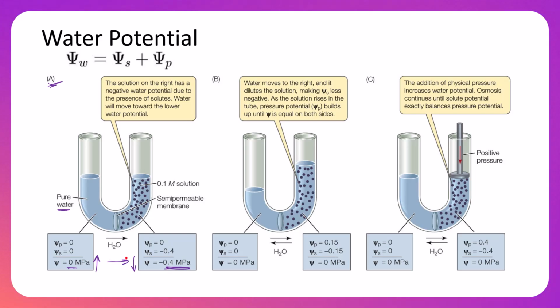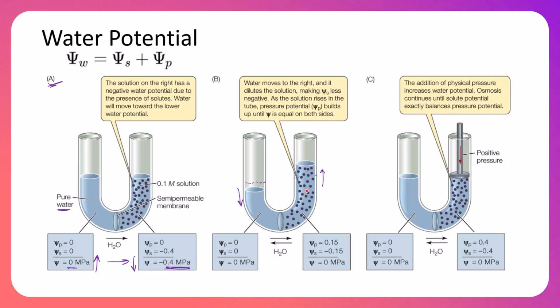As the water moves to the right, it will cause the volume of water on the left to decrease. Notice the water used to be here. It has decreased. That amount of water has been added to the right side. It's increased the volume, and because the volume has increased, the concentration of the solute has dropped.